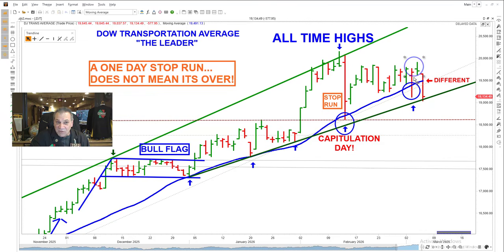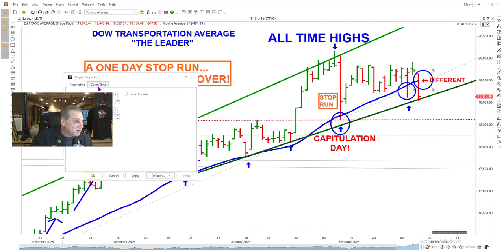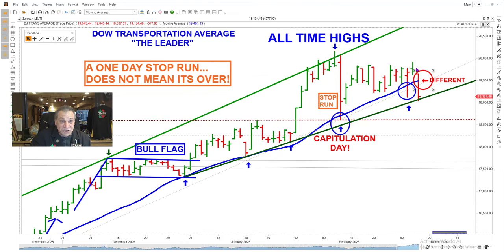Next day as well. But look, this is different, right? Wouldn't you call that different? One of these circles is not like the other. This one is definitely, we should make this one red. Here, let's do that. This ellipse needs to be red, because it is different from the others, and it's telling us maybe something's changing here.